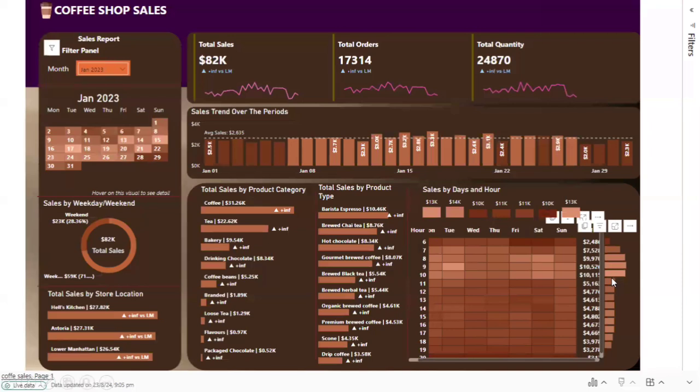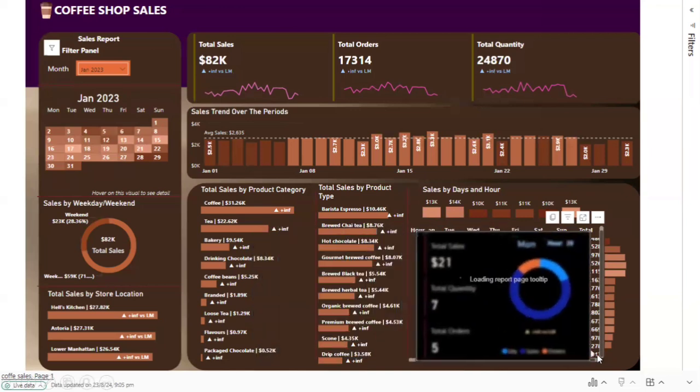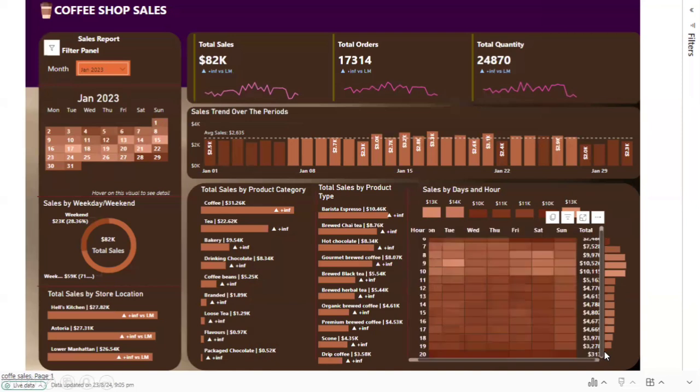If we hover over here at 12 o'clock, it was $4,776, which is half of the sales we made at 9 o'clock in the morning. If you go still further down, at 8 o'clock, you can see the total sale is only $313 overall.